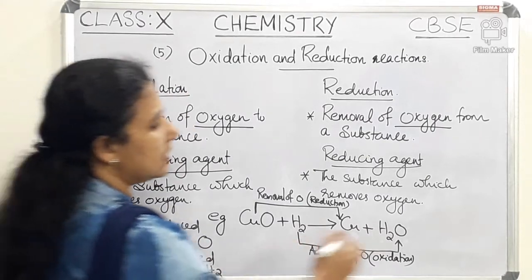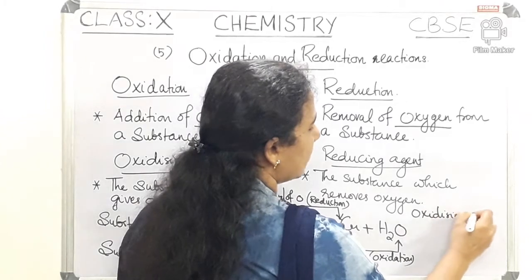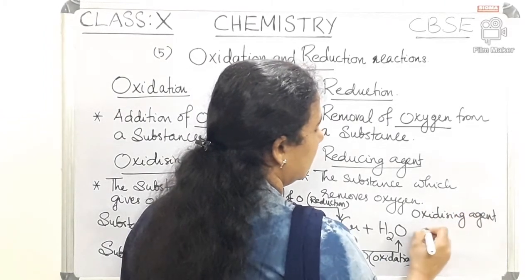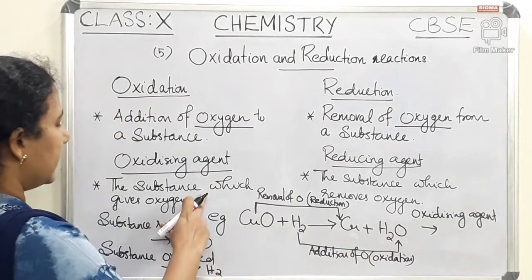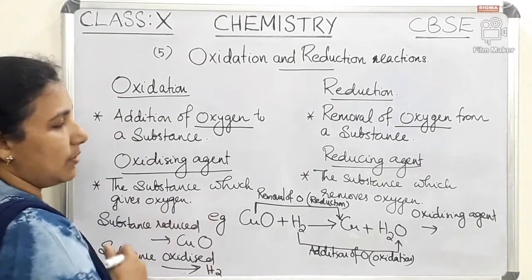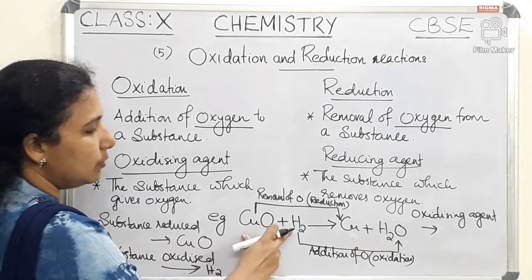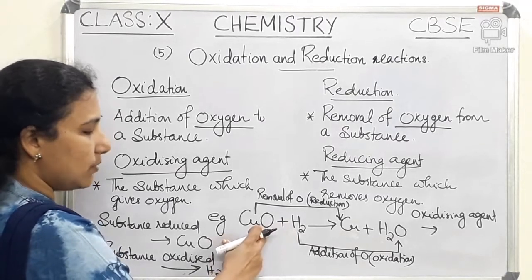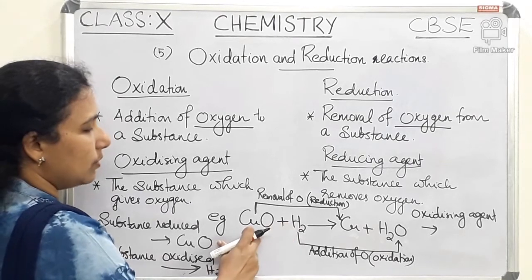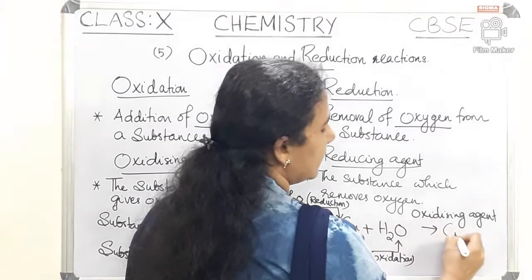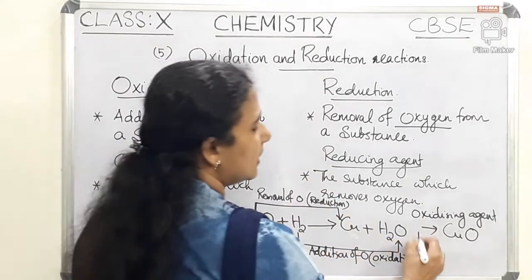Now let's see what is the oxidizing agent and reducing agent here. We have studied that the oxidizing agent is the substance which gives oxygen. Here CuO is giving oxygen to H2. So CuO supplies oxygen to H2. So we can say the oxidizing agent is CuO. Now what is the reducing agent here?